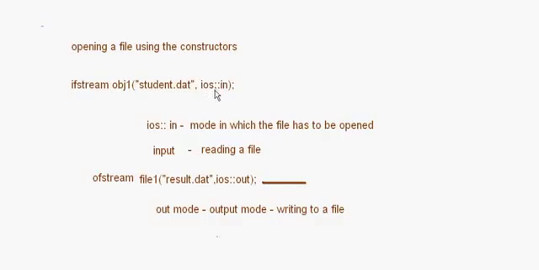In case we do not give this ios::in when I am using the ifstream class, then automatically it will be opened in the input mode only, right? Same way with the output mode. If we do not give ios::out, then the default is ios::out only for ofstream, right?